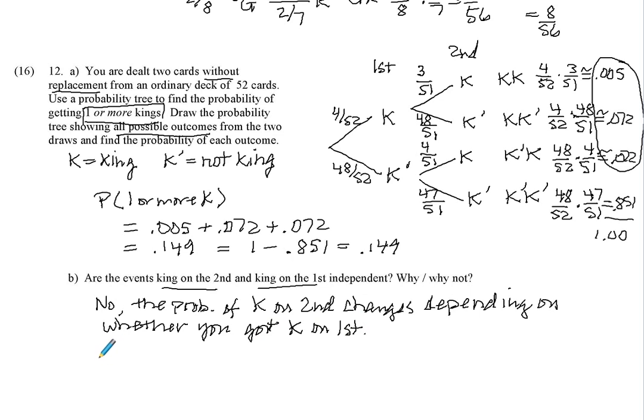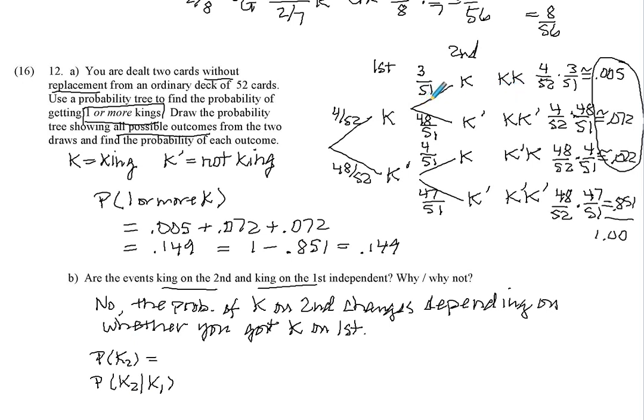Or another way to look at it is to look at the probabilities. Look at what is the probability of getting a king on the second draw. What is that equal to? And then what is the probability of getting a king on the second draw, that's what the little 2 indicates, given that you got a king on the first draw. Okay, well, king on the second draw, there's 2 ways to do that.